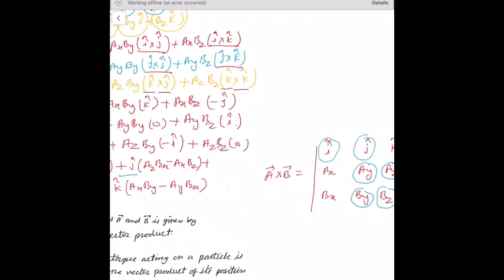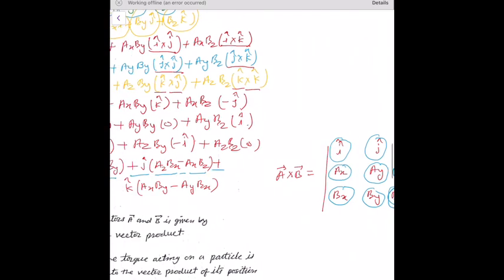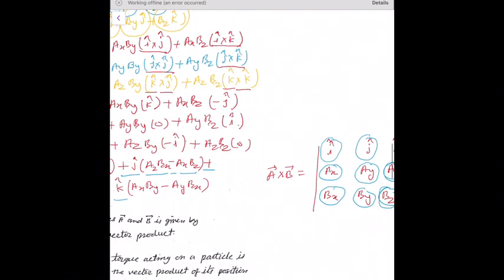Next plus j cap: az into bx minus ax into bz.